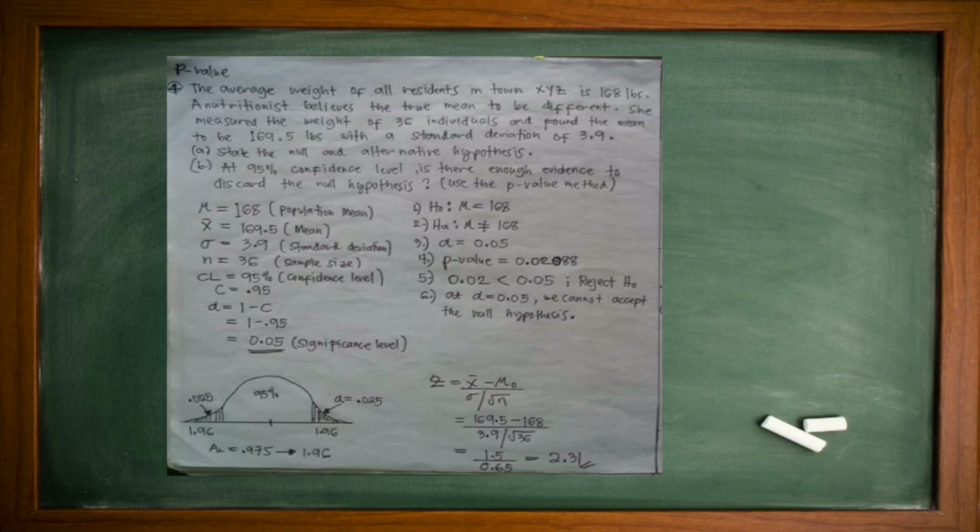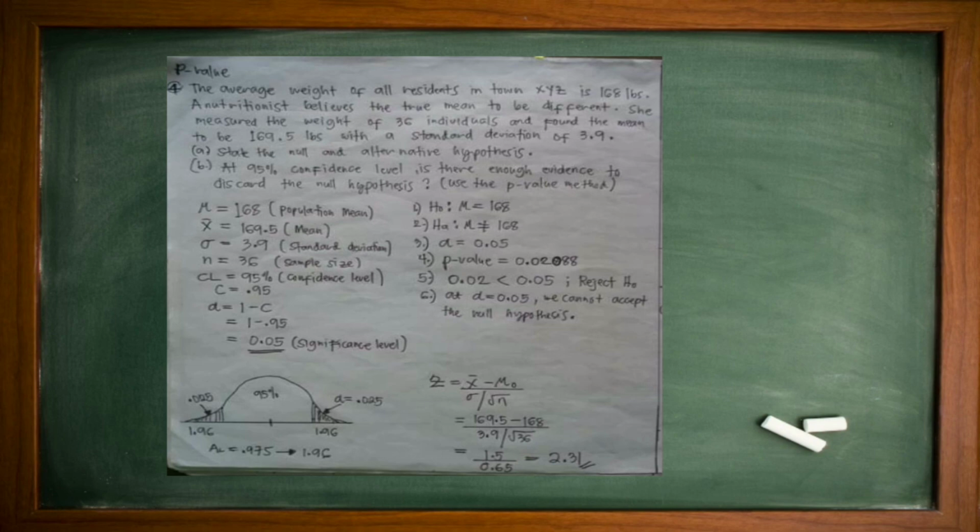Okay, so step 4, determine the p-value. Okay, so dito po ang ating p-value is 0.02088. So mamaya po ipapakita po natin kung paano po yan nakuha. Okay, next, step 5, compare the p-value with the alpha value.